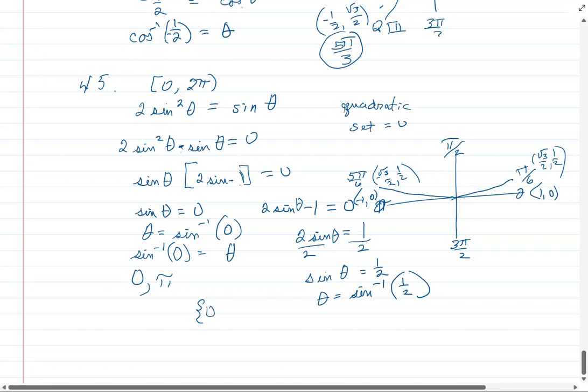It would be 0, pi 6, 5 pi 6, if I could write, pi, and that's it. Those are the 4. That's in between. Yes.